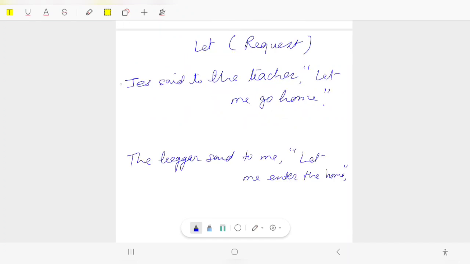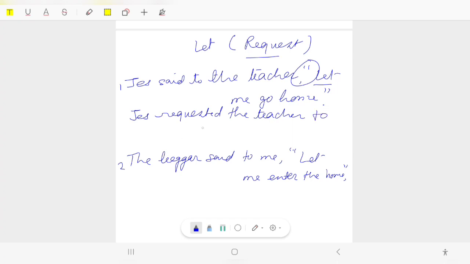Have a look at the next example. Here let is used as request. Jess said to the teacher, let me go home. It's used as request, so Jess requested the teacher, use the word to as connector.